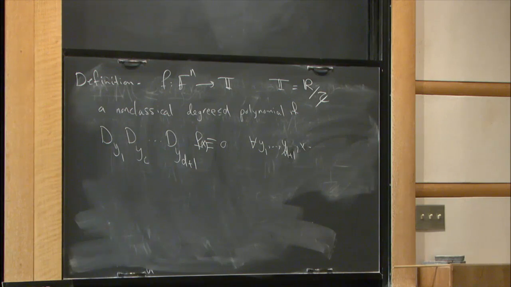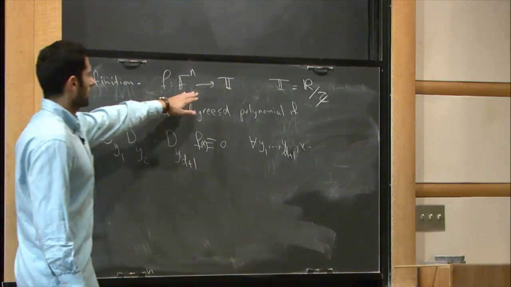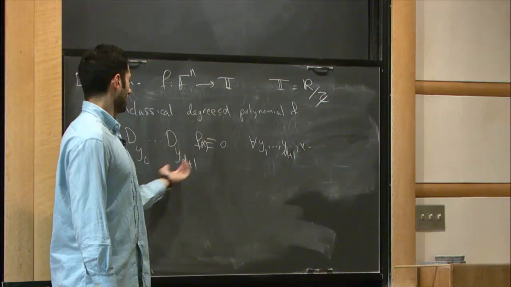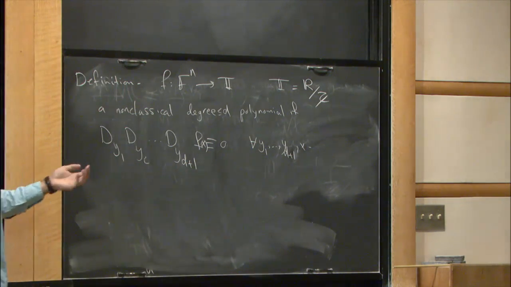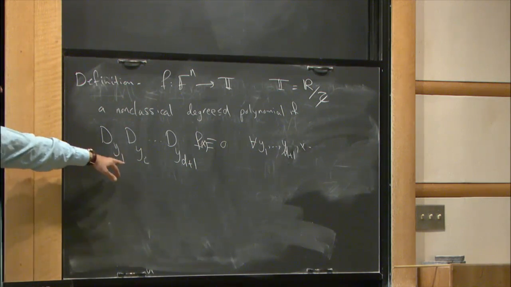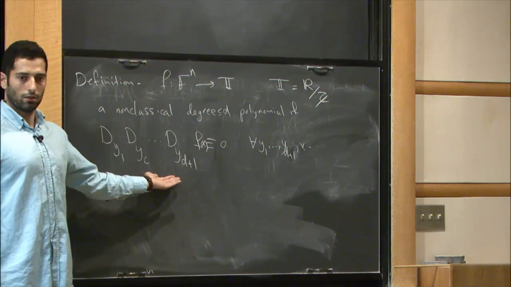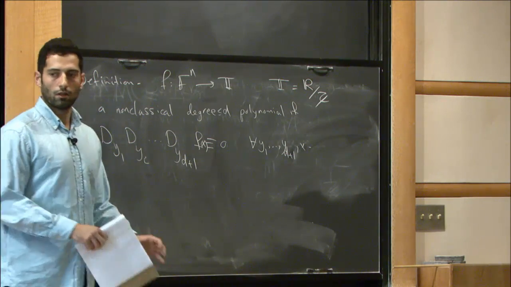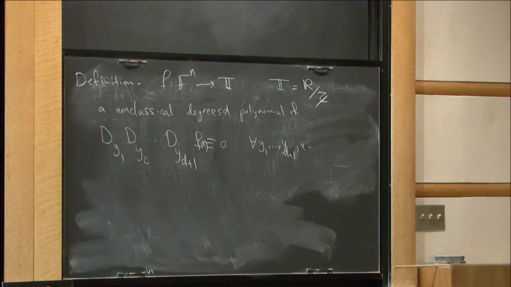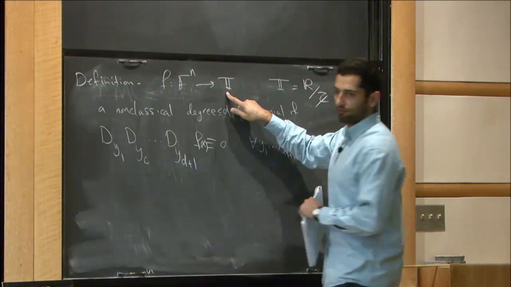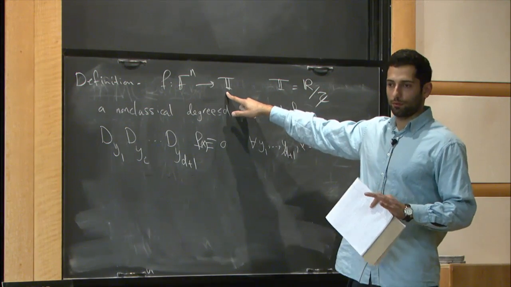We just define any function of this form to be a degree d polynomial if this happens, and the degree of a function will be the smallest d such that this works. For polynomials that take only binary values, for example, you don't have any non-classical ones. If I replace this by F_p, then those will be the only ones.